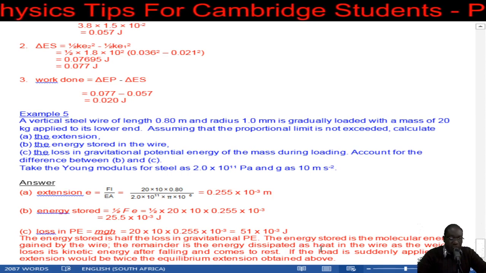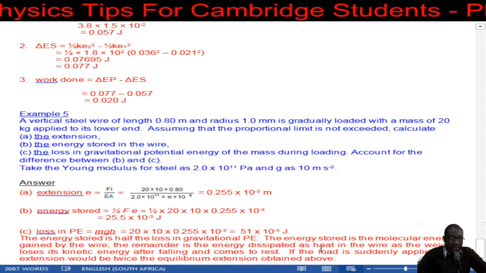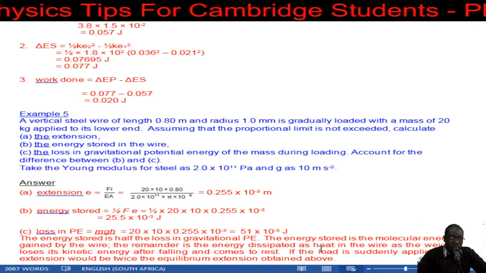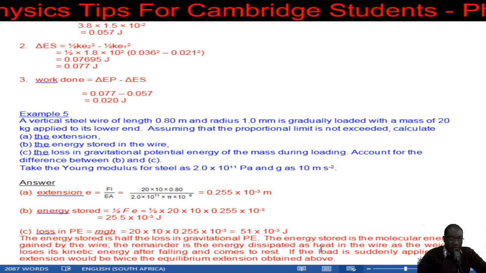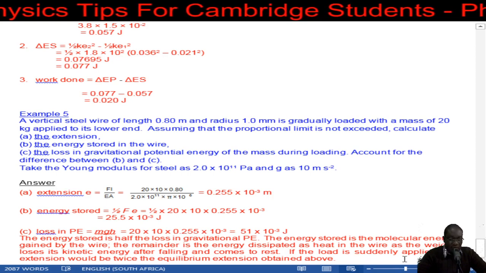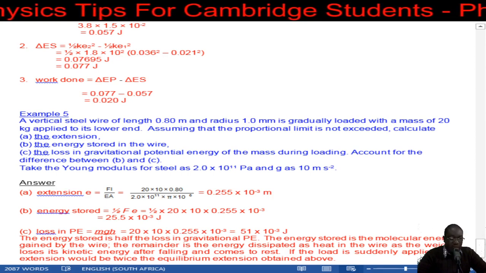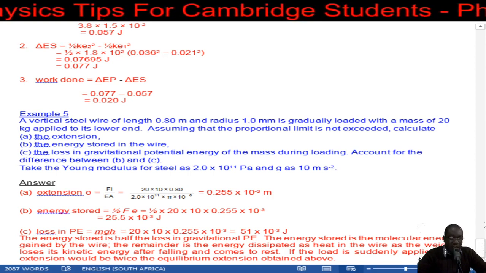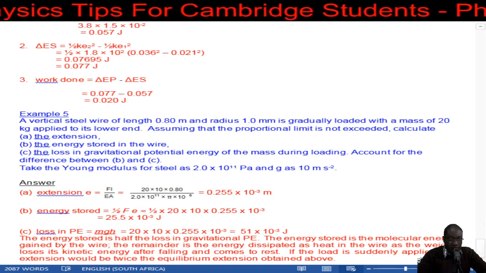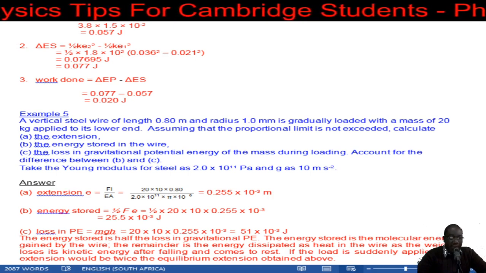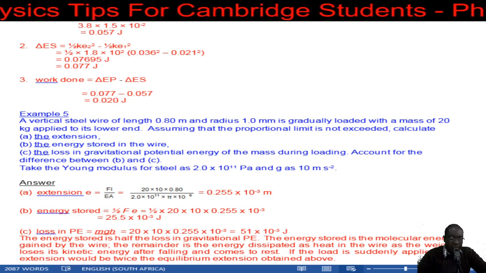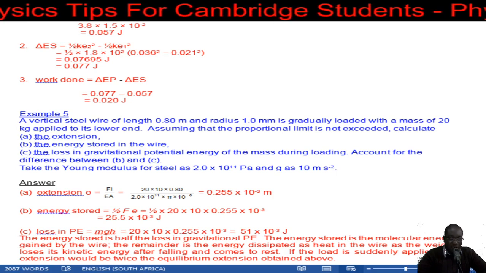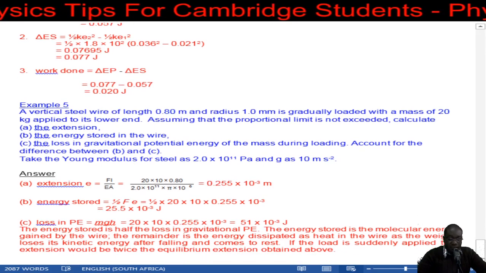The energy stored is the molecular energy gained by the wire. The remainder is the energy dissipated as heat in the wire as the weight loses its kinetic energy after falling and comes to rest. If the load is suddenly applied, the extension will be twice the equilibrium extension obtained above.